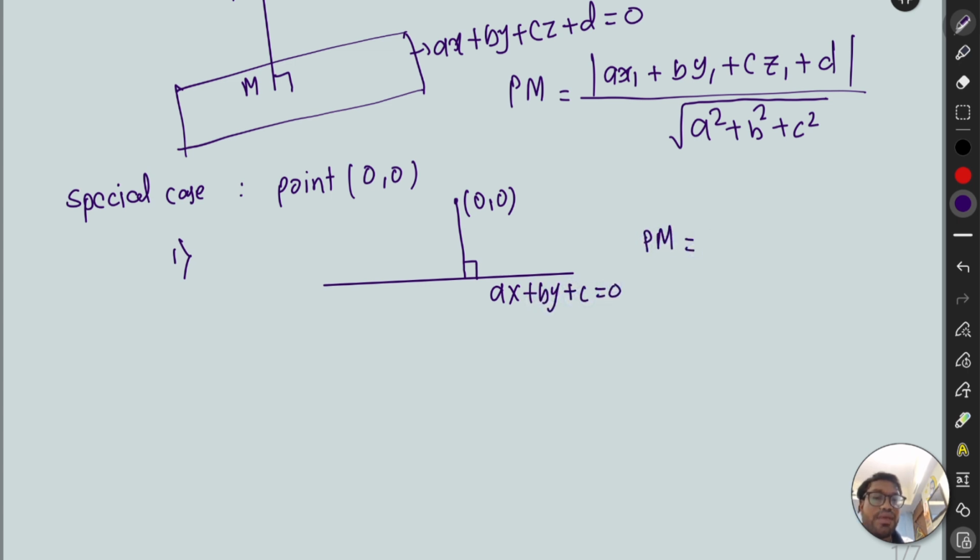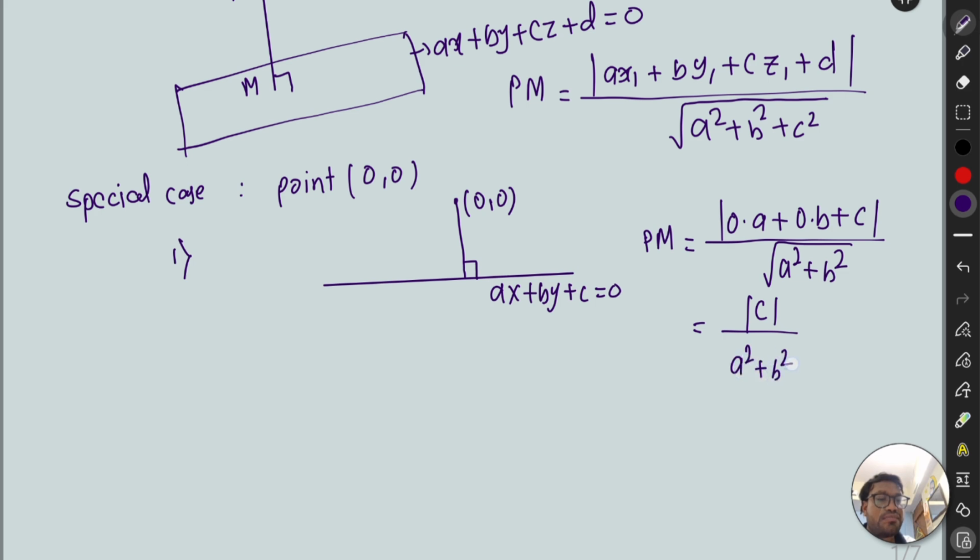Here PM will be, if we substitute this point, a into 0 plus 0 into b plus c, modulus, divided by the square root of a square plus b square. All the terms will be cancelled out and only the constant term will remain over the square root of a square plus b square. This is the distance of the origin from a line.